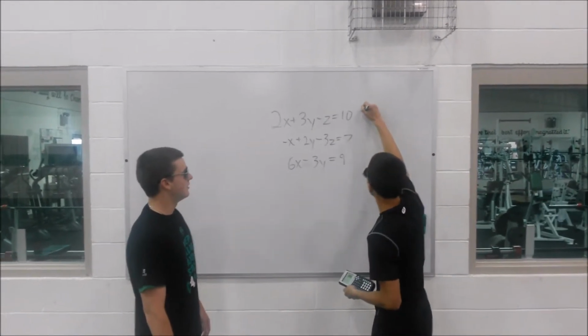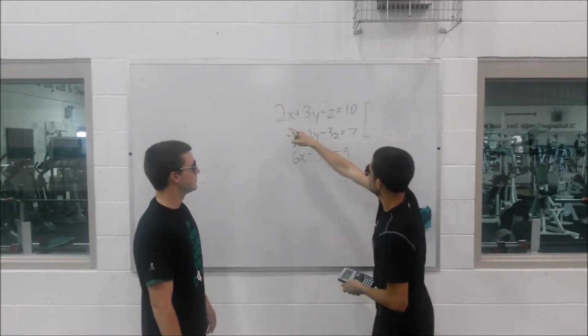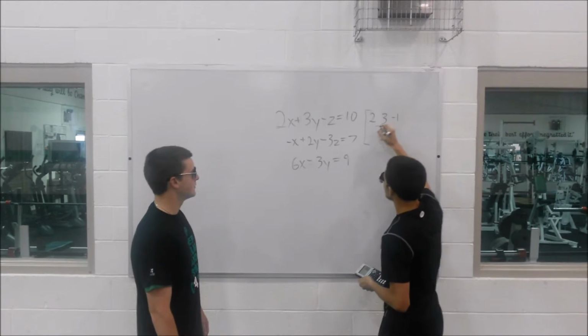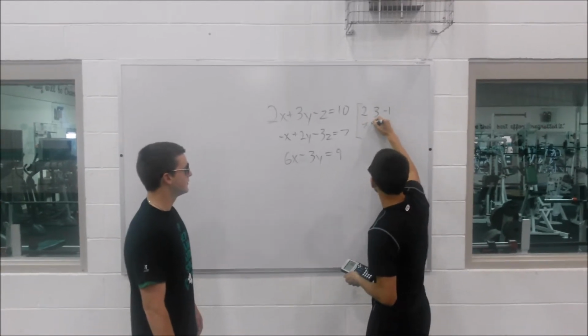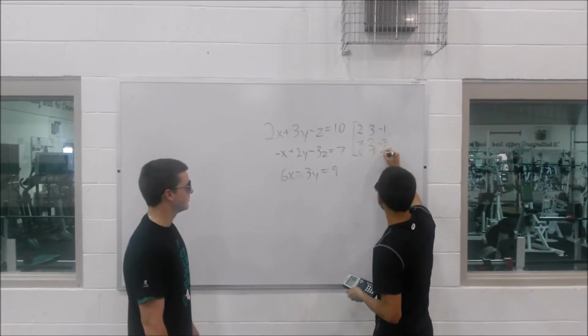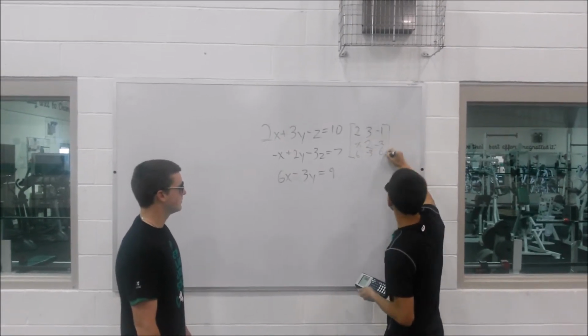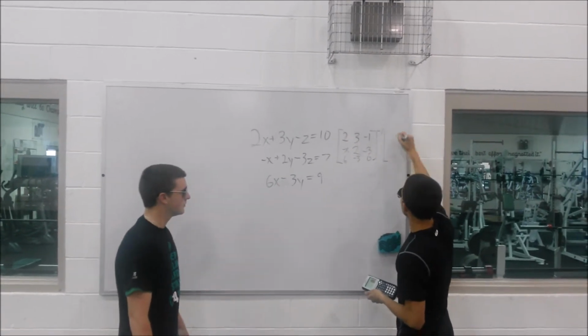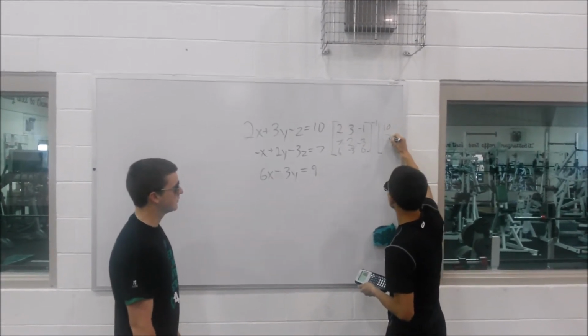If we use the matrix and plug in the coefficients from each equation in order, then we can take the inverse of that matrix and multiply by the answers to each equation.